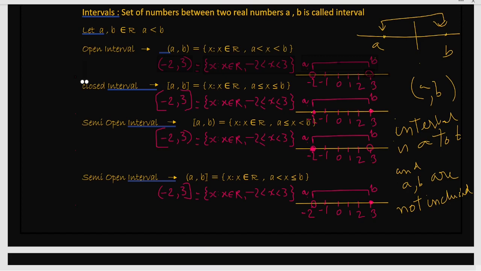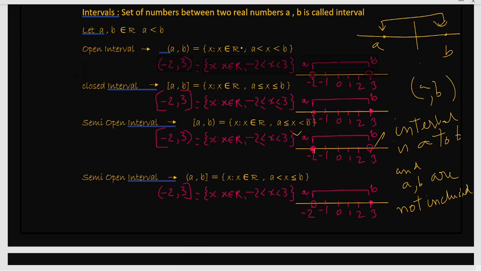Now the semi-open interval, which is [-2, 3). The first one is a square bracket and the last one is a normal parenthesis. So -2 is included, which is a solid dot, and 3 is an open circle. B is not included and A is included.